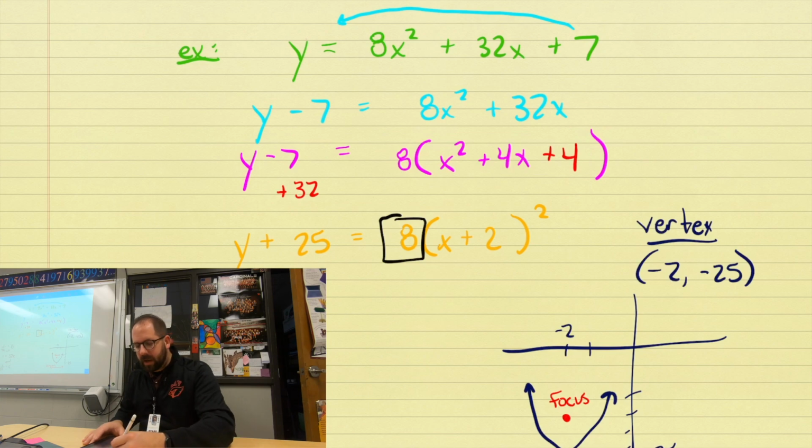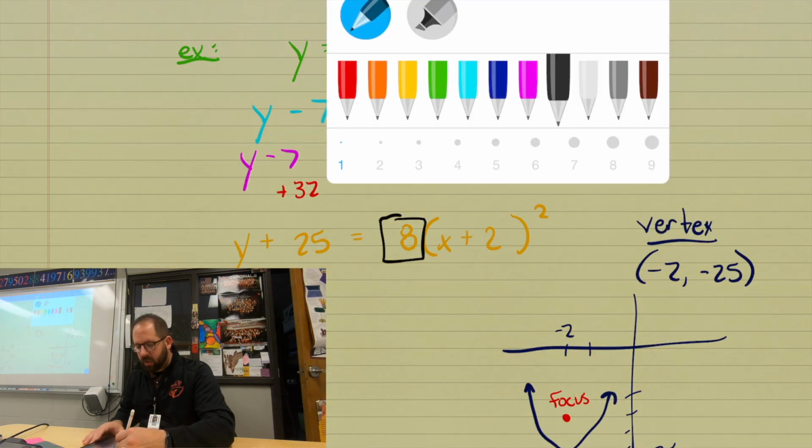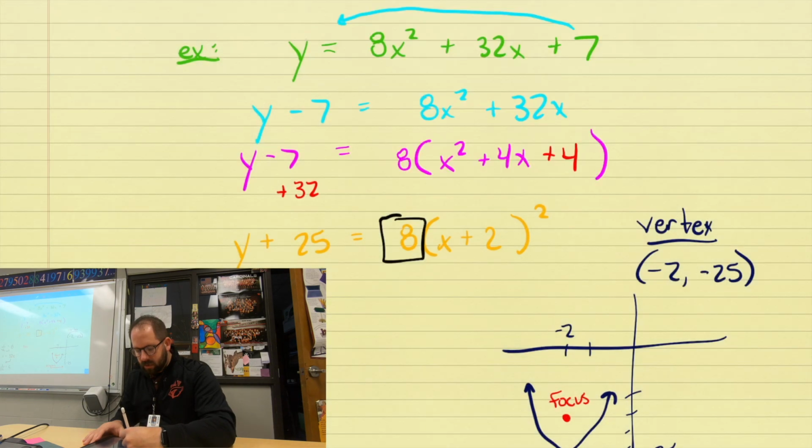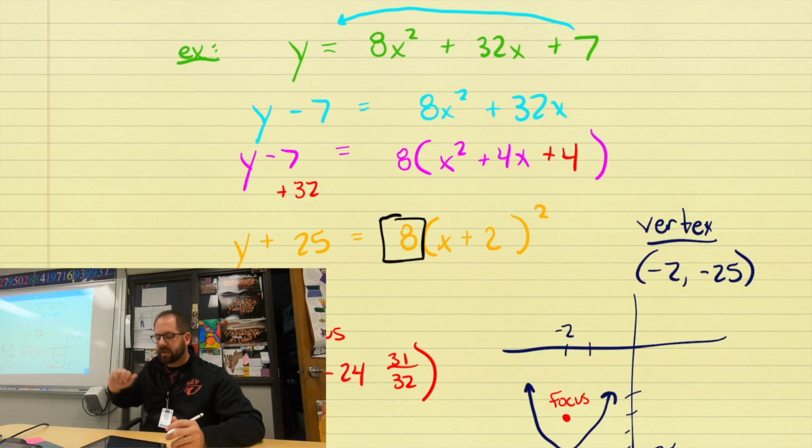So if we use that, now we can read off the coordinates. For the focus, we have to go up 1/32. The coordinate we'll hit for my focus will be negative 2, negative 24 and 31/32. I went up 1/32.